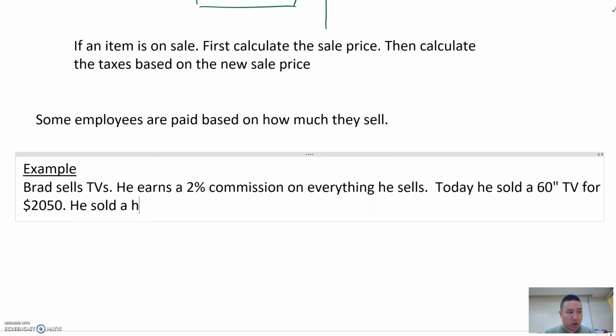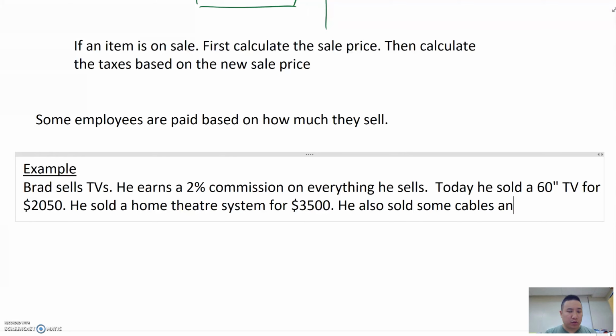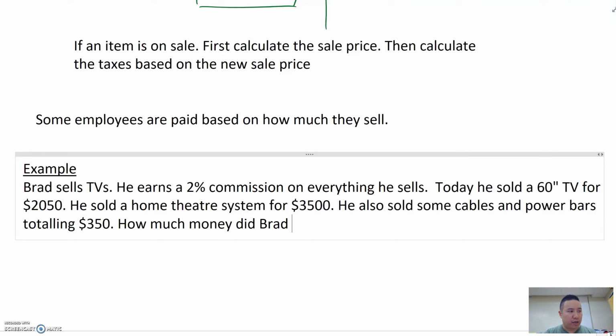He sold a home theater system for $3,500. And he also sold some cables and power bars totaling $350. How much money did Brad make that day?